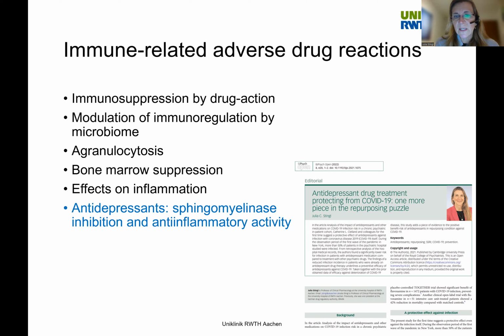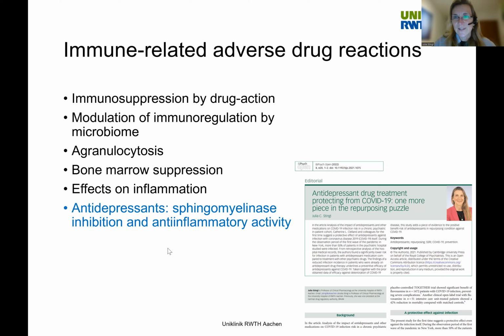And most recently, we also got interesting findings on drugs that interact with viral infections and also with the inflammatory status, making people vulnerable to certain infections, for example, the COVID-19 infection. And it was shown that antidepressants, which are drugs acting both on sphingomyelinase activity, that is causing an antiviral effect, but also on anti-inflammatory activity, influence the vulnerability towards certain viral infections.